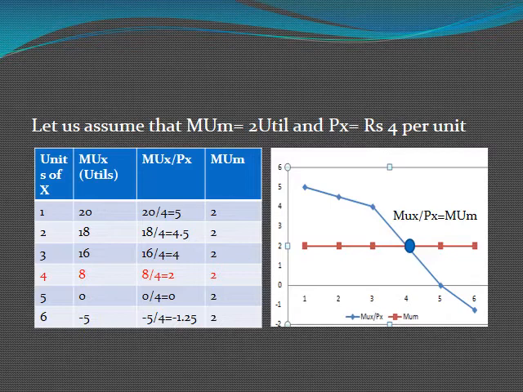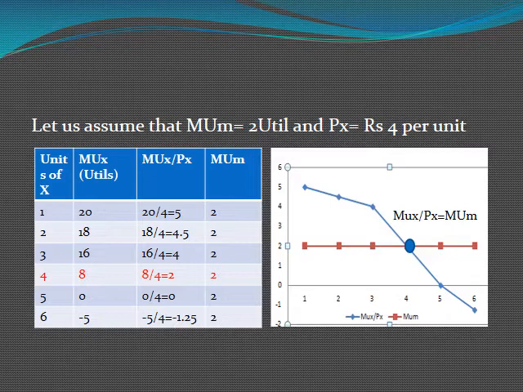Units of X are 1, 2, 3, 4, 5, 6, and for marginal utility of X, as per the law of diminishing marginal utility, the utility derived from every successive unit declines. So for the first unit it is 20, for the second it is 18, for the third it is 16, for the fourth unit it is 8, for the fifth unit it is 0, and for the sixth unit it is -5.